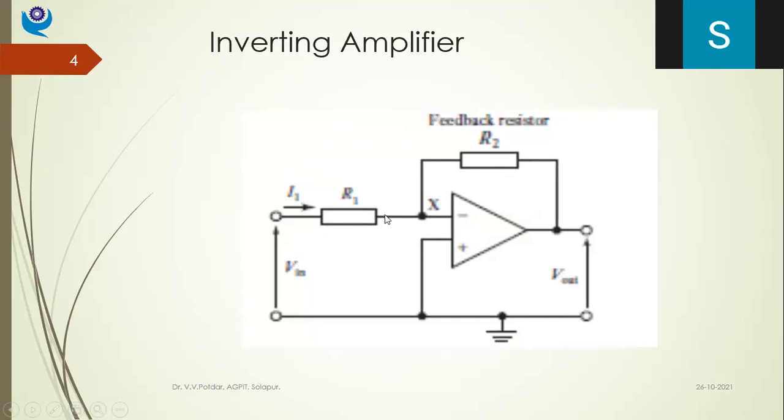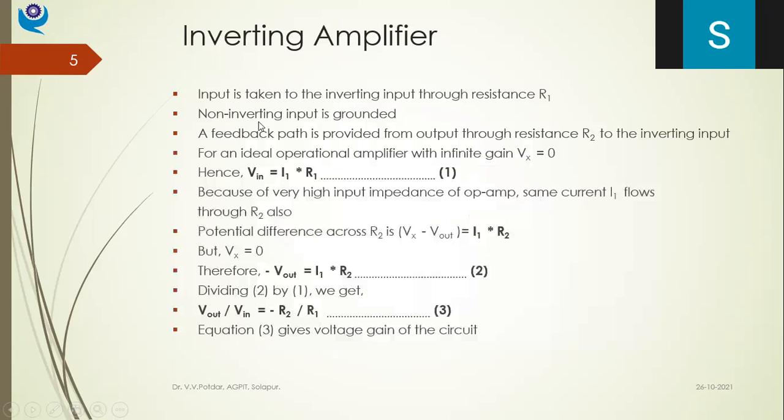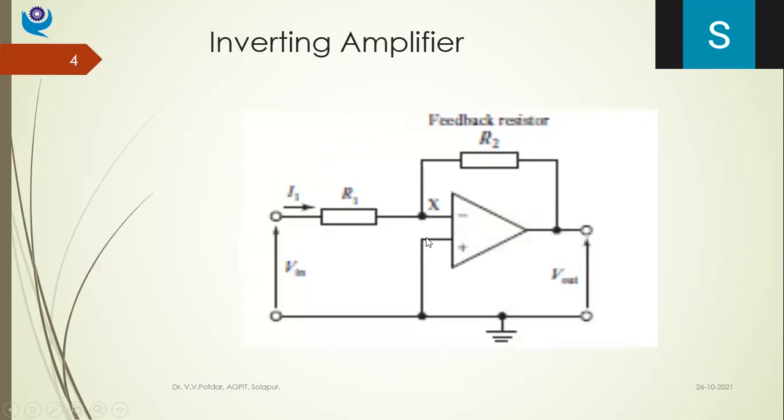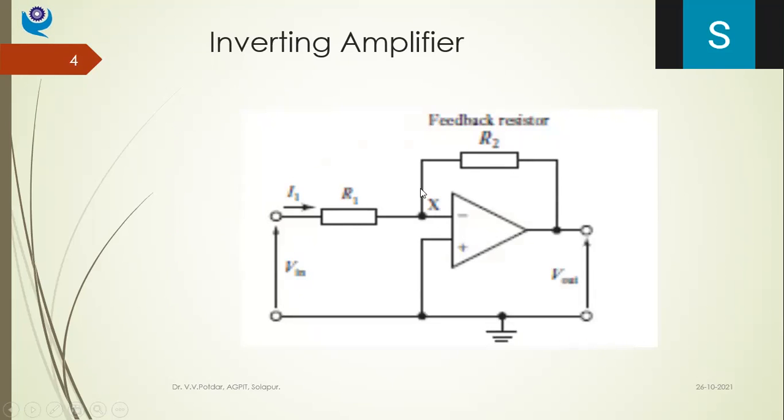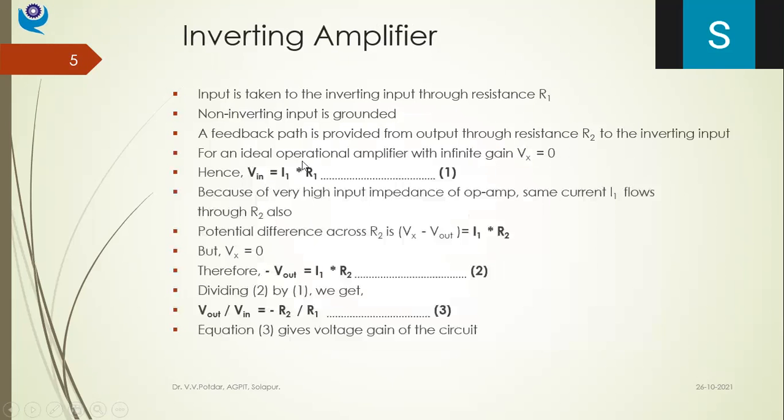Non-inverting input is grounded. A feedback path is provided from output through resistance R2 to the inverting input. For an ideal operational amplifier with infinite gain, Vx will be 0.